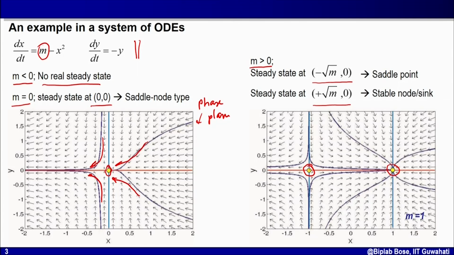One of them is a saddle node, which is obviously unstable, whereas the other one is actually a sink, a stable node. So as I change the parameter m, the number of steady states changes and their stabilities also change. So I will say this system has bifurcation with respect to the parameter m.